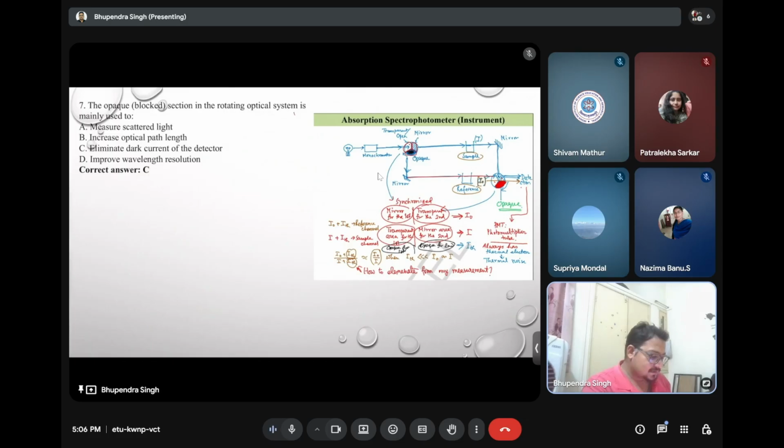So what does this basically do? When one is opaque and the other is transparent, as the sir has explained very nicely, the light will go to this side, then it will reflect.